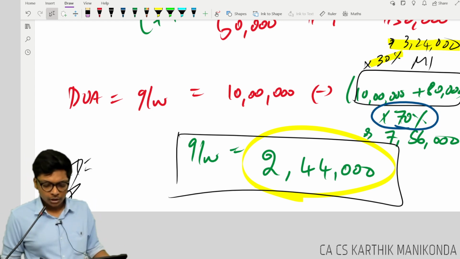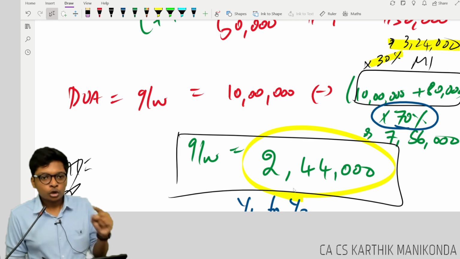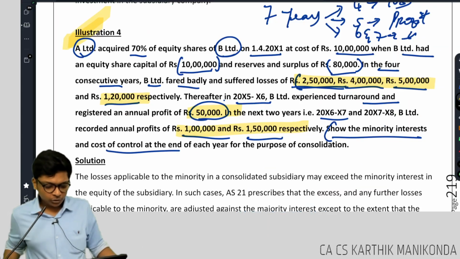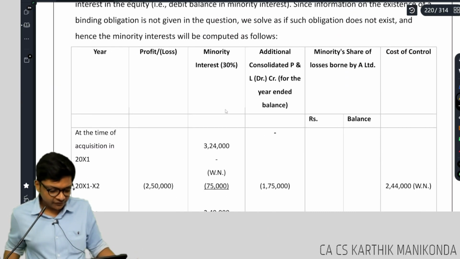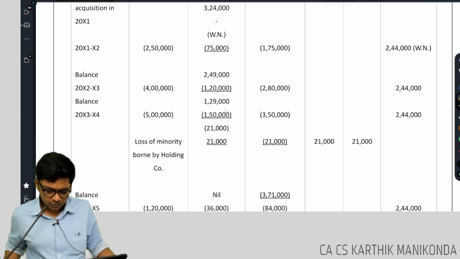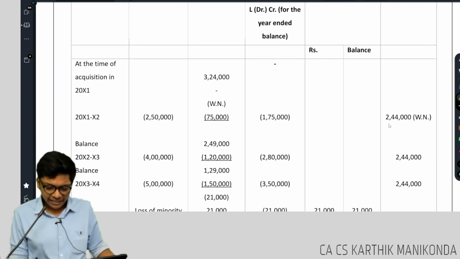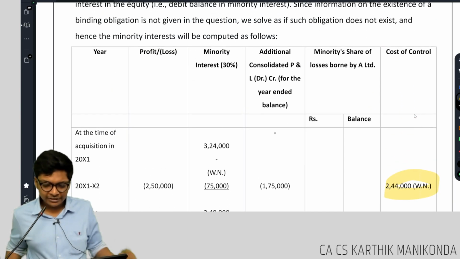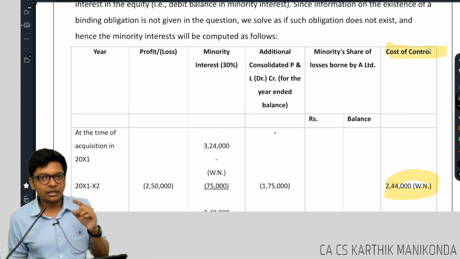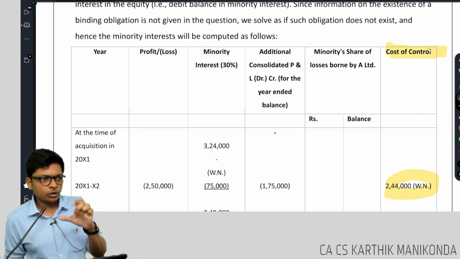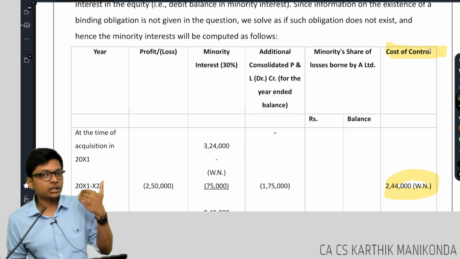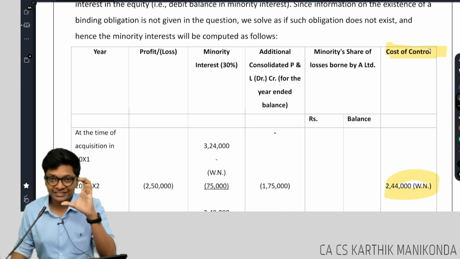So now, year 1 to year 7, what's the goodwill? 2 lakh 44,000. Let's check the answer. First, let's check if goodwill is correct. 2 lakh 44,000. Can you see, guys? Cost of control. What's the right term as per AS 21? Cost of control. But interchangeably, people use the term goodwill, but cost of control is the key word.